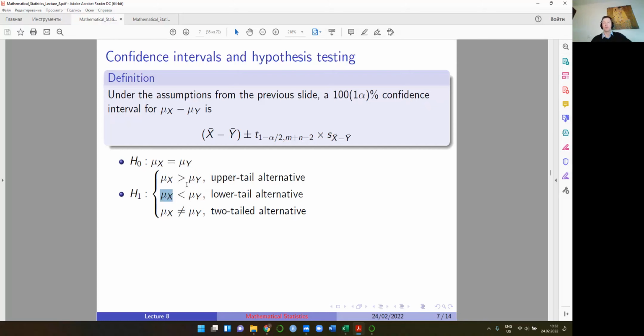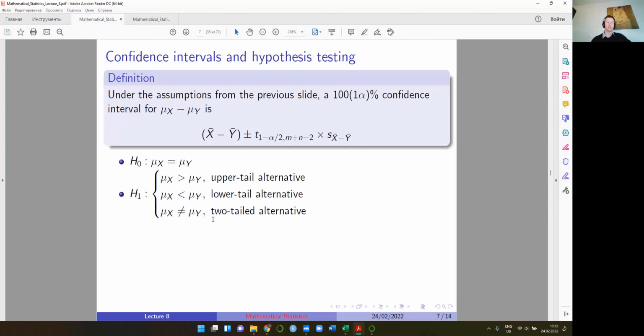So be careful that depending on the question, depending on the practical situation, you use either this hypothesis or this hypothesis. Or if you are not sure which direction you are interested in, you just want to know that there is some difference, but you don't care what this difference is, either greater than or less than, then just use the two-tailed alternative, where mu x is not equal to mu y. That's all.